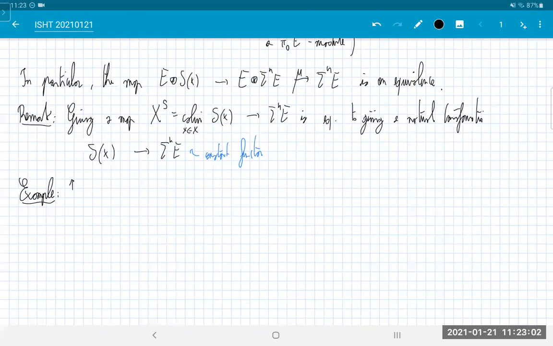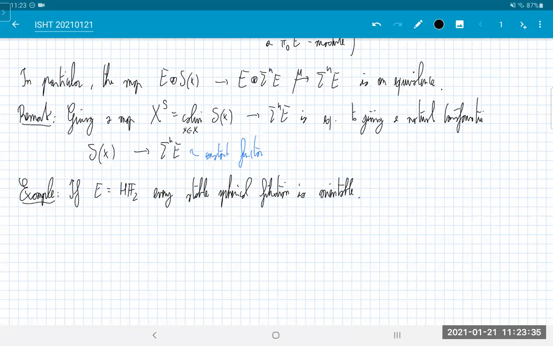Okay. If E is HF2, every stable spherical fibration is orientable, admits an orientation. In fact, you will see that by this description the orientation will also be canonical.